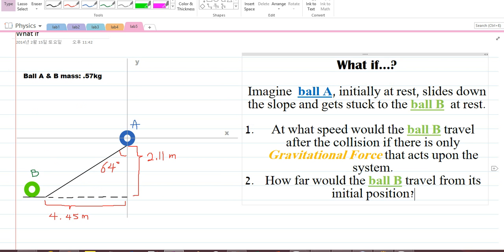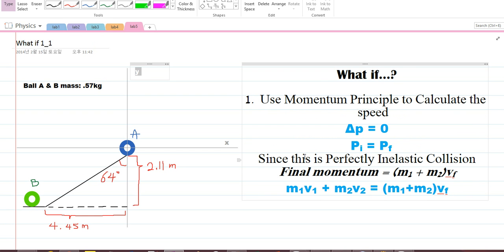Imagine ball A, initially at rest, slides down the slope and hits ball B at rest. 1. At what speed would the ball travel after collision if only the gravitational force acts upon the system? 2. How far would ball B travel from its initial position? For 1, use the momentum principle. Change in momentum is 0, so initial momentum equals final momentum.